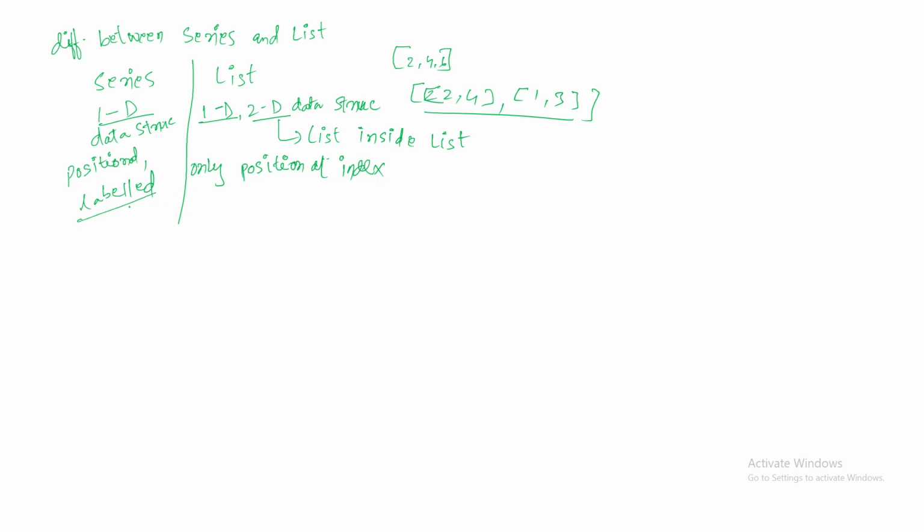This type of index is called explicit index. And this type of index is called implicit index, because the user cannot set it on their own; only the system accepts it.